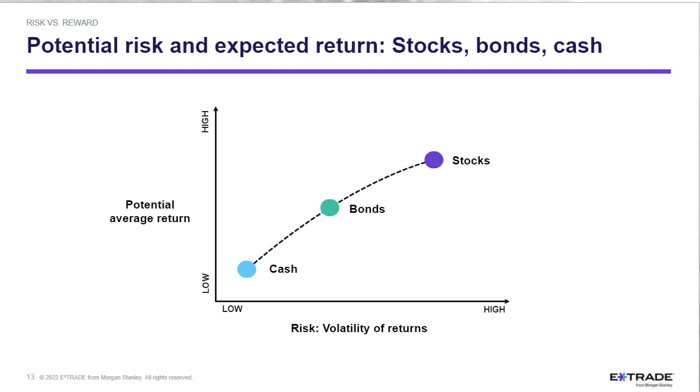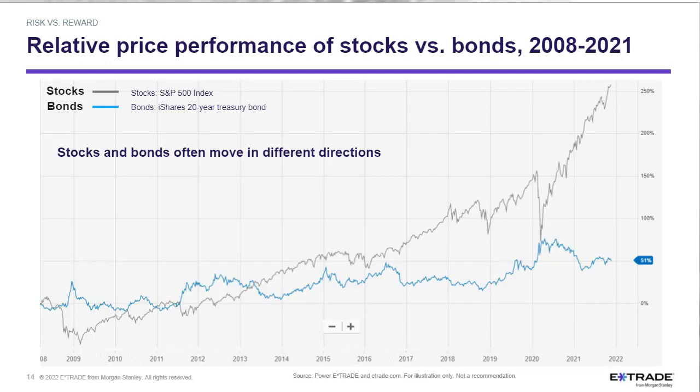So there's an interesting relationship, and that is that stocks and bonds historically often move in opposite directions. So here's a period from 2008, and you can see in the beginning is the 2009 credit crisis stock crash.